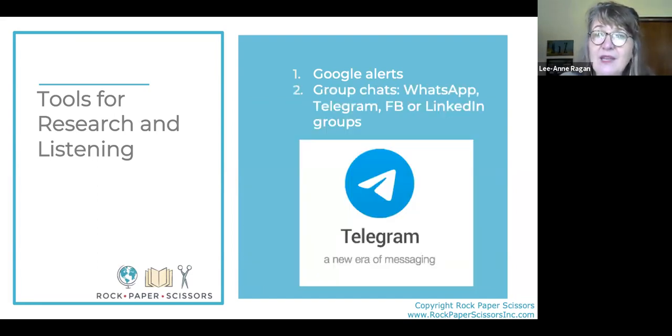Another one, group chats. Oftentimes, depending on your users, if you're trying to research and listen to what issues are important to them, if we have a WhatsApp, a Telegram, a Facebook group, a LinkedIn group, you can really get a lot of information from your communities. Is anyone using a group chat right now? If you say yes, let me know which tool you're using for that. So Ali is WhatsApp, yeah.